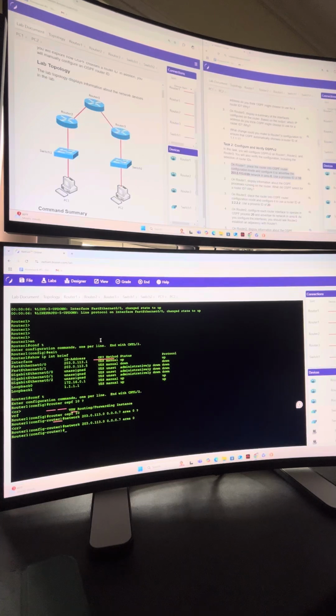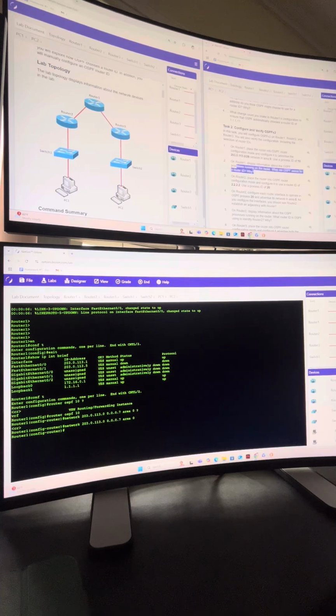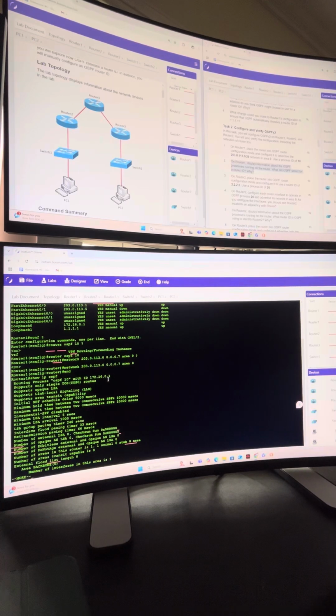That looks good. All right, so on number 2, it says on router 1, display information about the OSPF processes running on the router. What did OSPF select for a router ID and why did it choose that? All right, so if I do an end on router 1 and I do a show ip ospf, we can see that the router ID that it chose was 172.16.0.1.